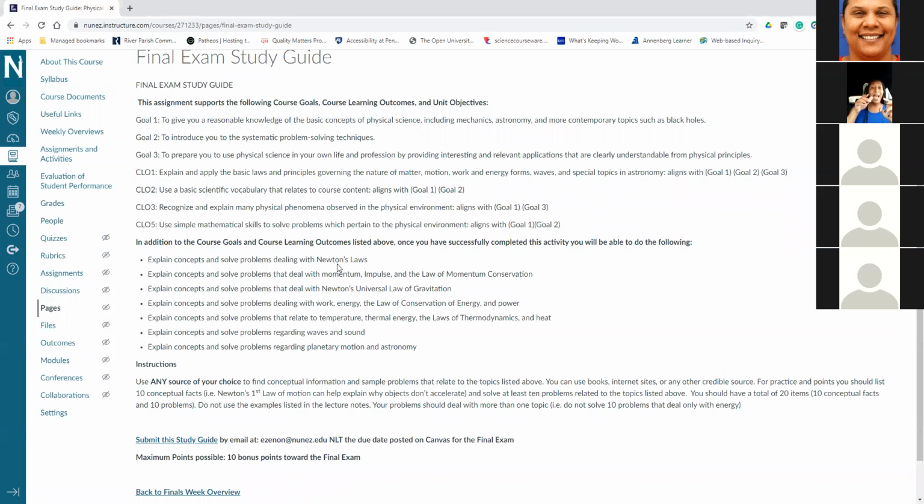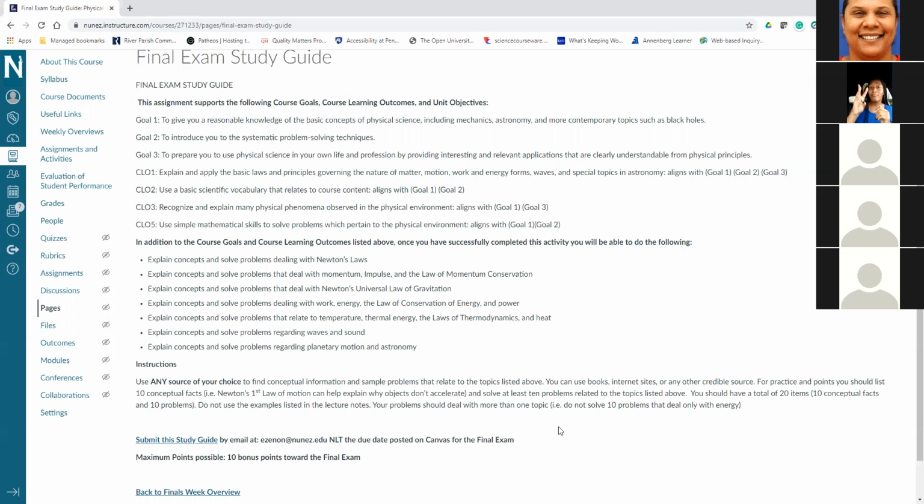So it picks up with Newton's laws and then goes forward into all of the topics that we dealt with after midterm. Okay. And so your assignment on this study guide is to use any source of your choice. Any source, can be books, can be internet sites, can be any other credible source.